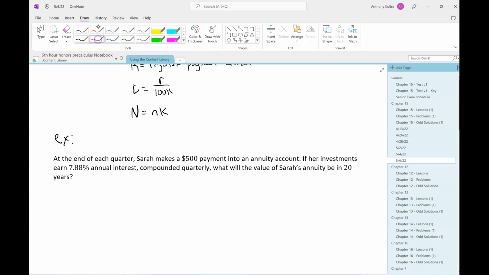So let's look at an example here. At the end of each quarter, Sarah makes a $500 payment into an annuity account. If her investment earns 7.88% annual interest, compounded quarterly, what will the value of Sarah's annuity be in 20 years? So this sounds like the investment annuity situation that we just described.